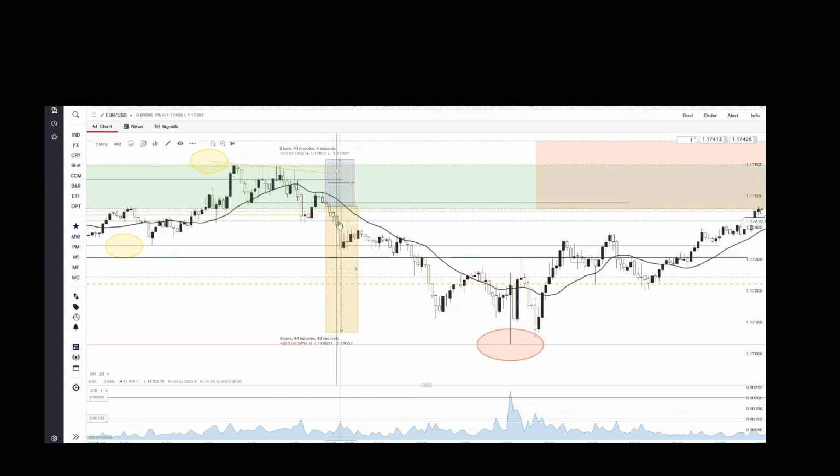At 10 o'clock, which is here on this open, I was looking for price to come back and test this again, but it didn't. It was tested within the 9 o'clock candle.